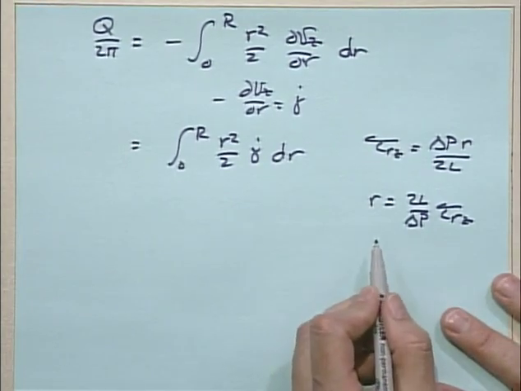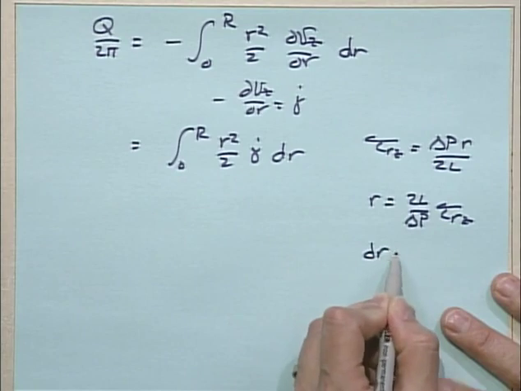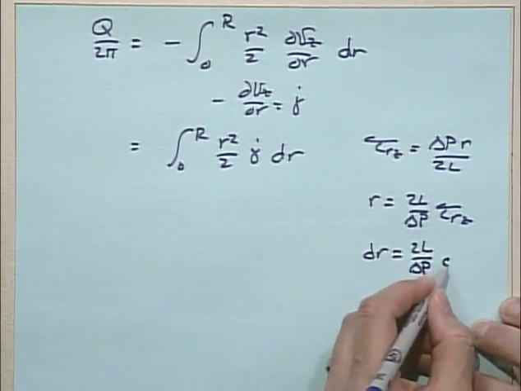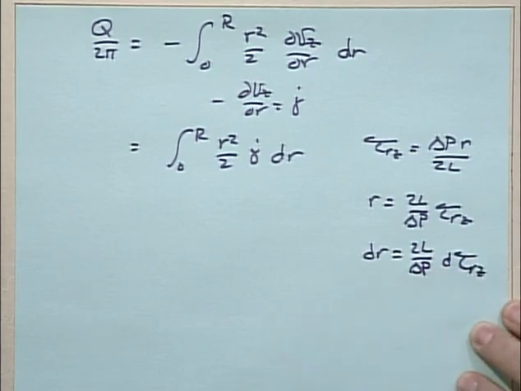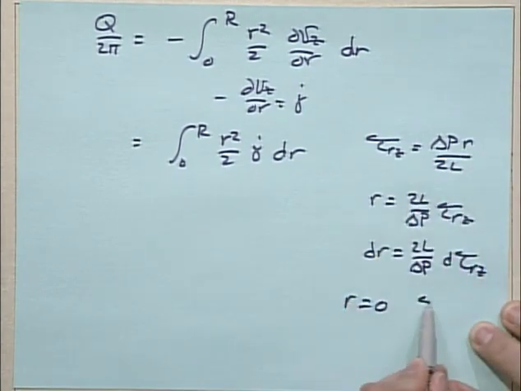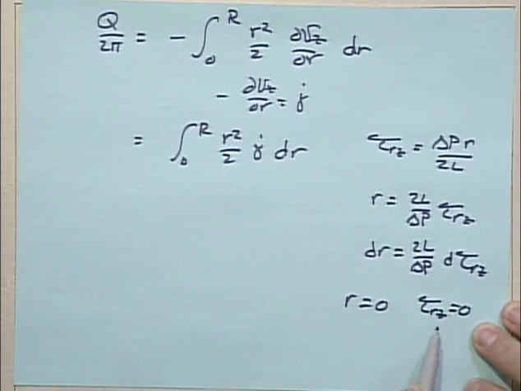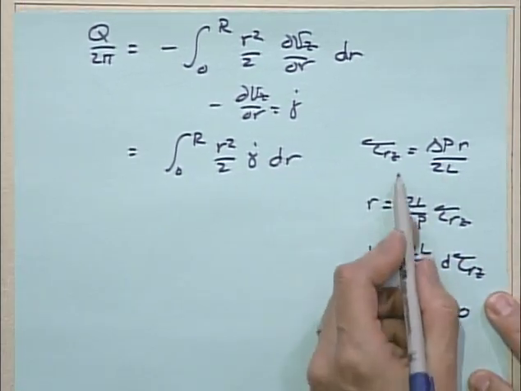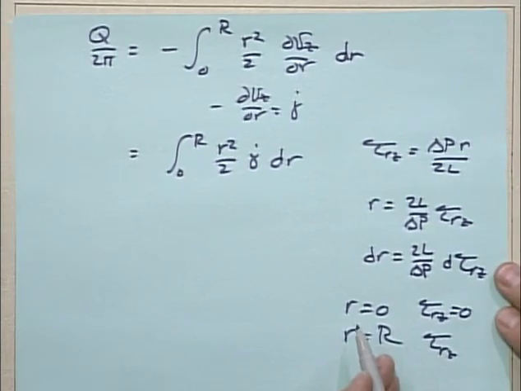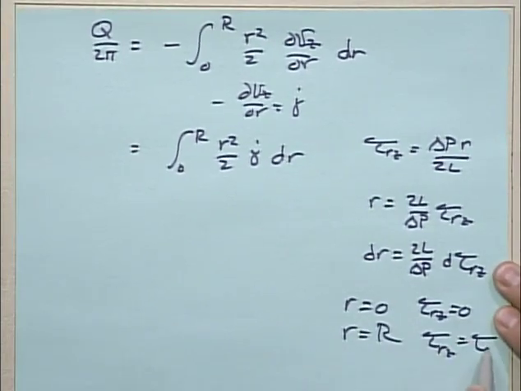And I can say that dr is equal to 2L over delta P d tau. I can change the limits. When r is 0, tau is 0. And when r is cap R, the upper limit, tau rz is delta P cap R over 2L, which is tau R.